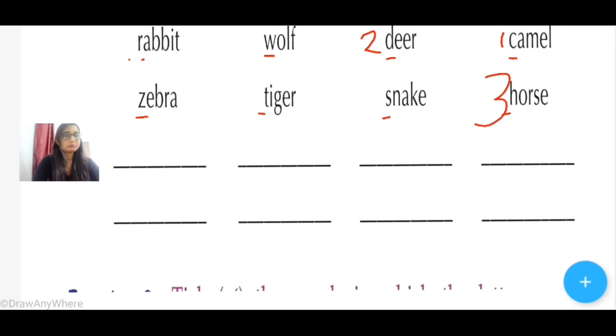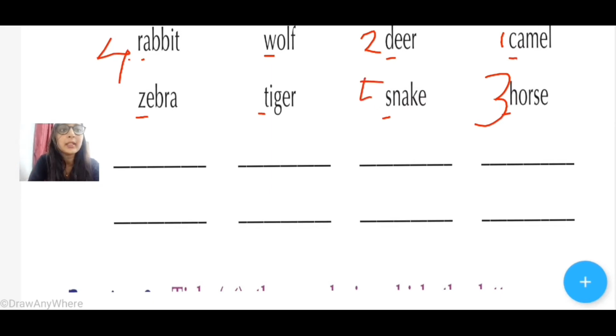I, J, K, L, M, N, O, P, Q, R. We have rabbit. So rabbit will be 4. S. We have snake.